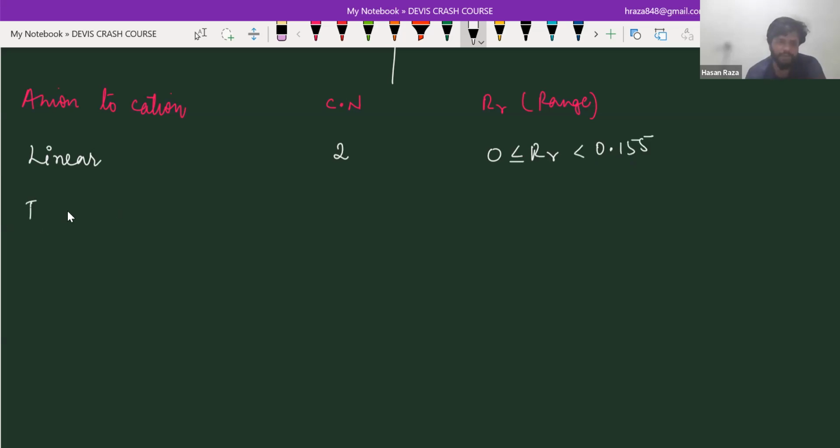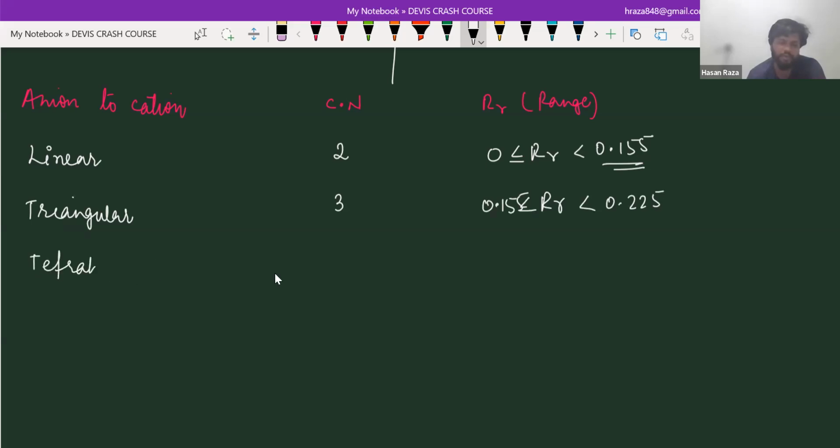Then triangular comes. Triangular will have a coordination number 3, and its radius ratio can be equal to 0.155, but lesser than 0.225. Now, after triangular, there will be tetrahedral.